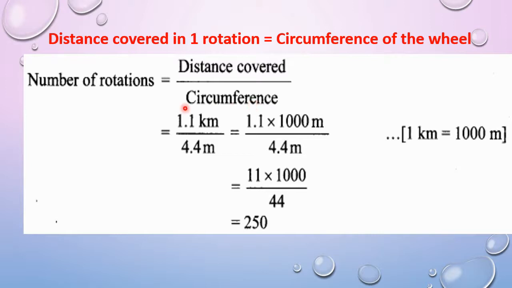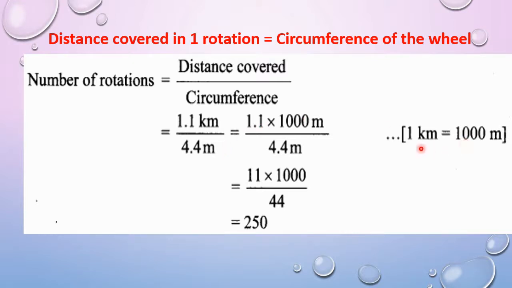This formula we will use here. So here distance covered is 1.1 kilometer and circumference is 4.4 meter. So 1.1 kilometer upon 4.4 meter. Here you can see both the units are different. So we will change first unit.